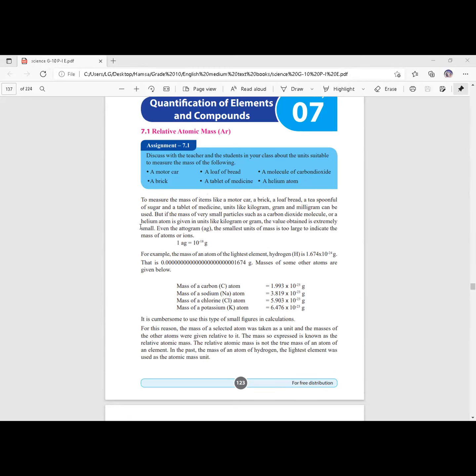So don't go for the calculators, because calculators are not allowed during the final exams. You must use your log tables. You should know how to use your log tables to find the values, to find the final answer, right?